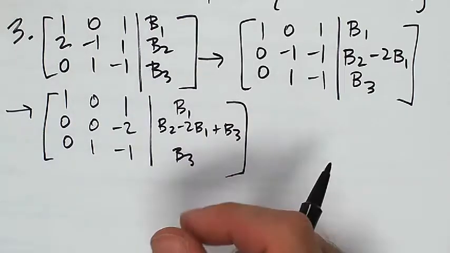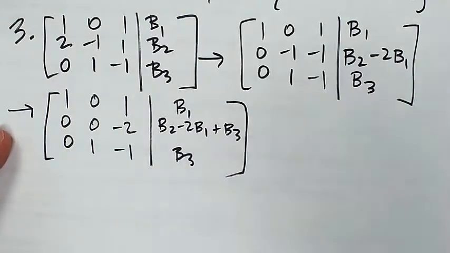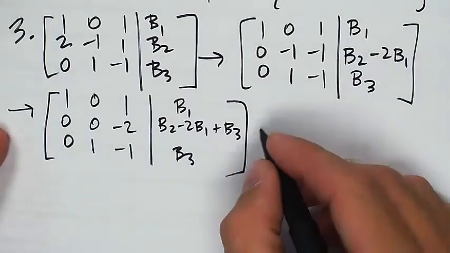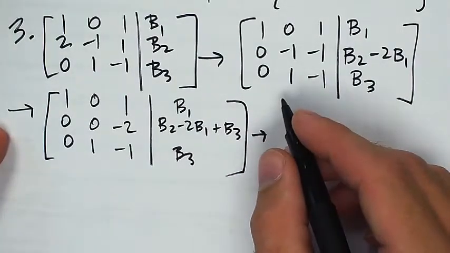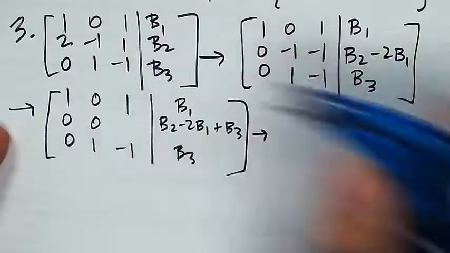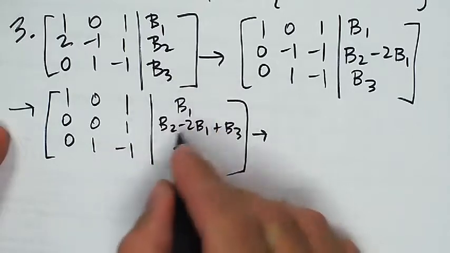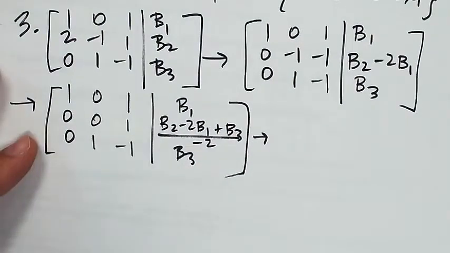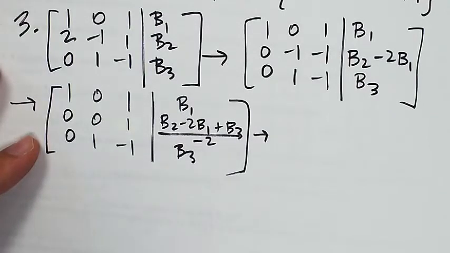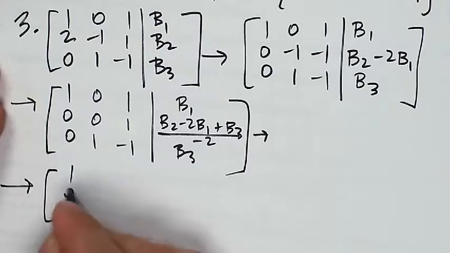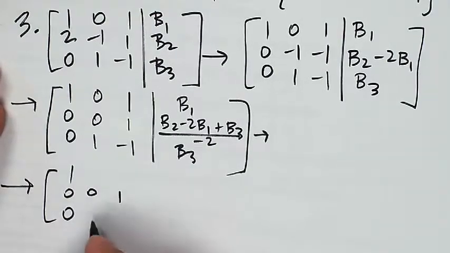But maybe I'll actually go through and show you the rest of the steps and see how we can actually see that. Okay, so I'm going to divide by negative 2, which I'm not super excited about. I'm going to turn that into a 1, divide that by negative 2, right? And so now I can take that and subtract it from b1. I'm not going to have enough room. I'm going to have to say 1, 0, 0.